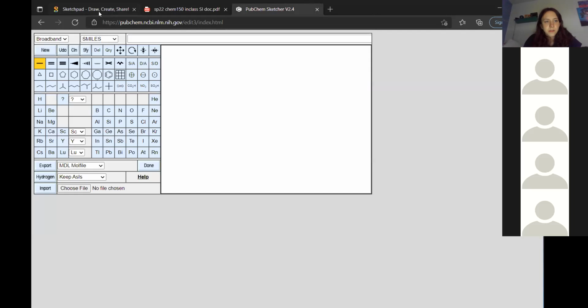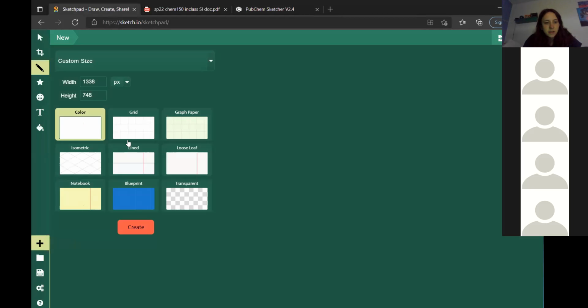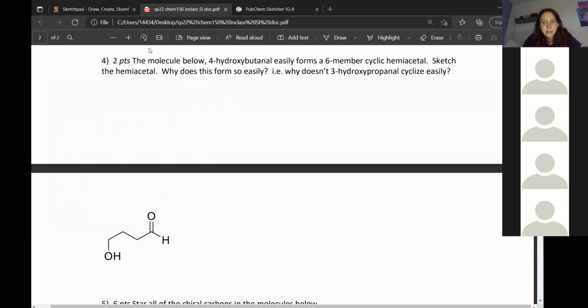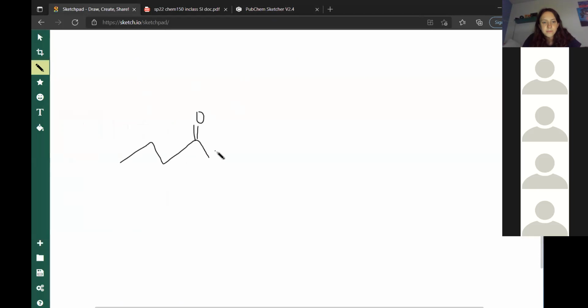So we're gonna click new, and we have our molecule here. I believe it is an aldehyde. Yep, because there's that H at the end. And then there's an OH.